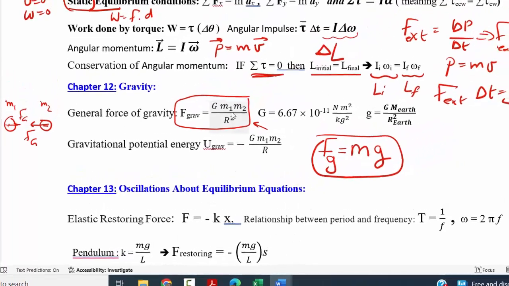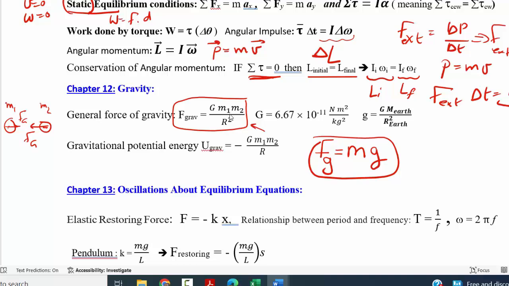Now, for a person standing on the surface of the Earth with mass m, the mass of Earth is m sub e here. If we apply the general equation of gravity, this is the force of gravity between a person standing on the surface of the Earth that has mass m and the mass of the Earth.